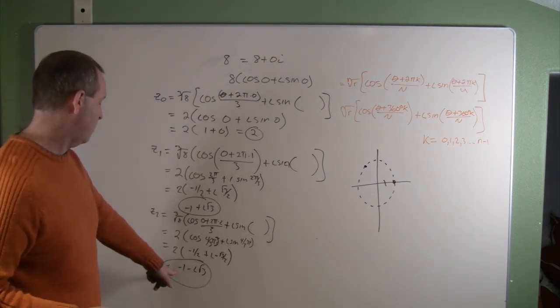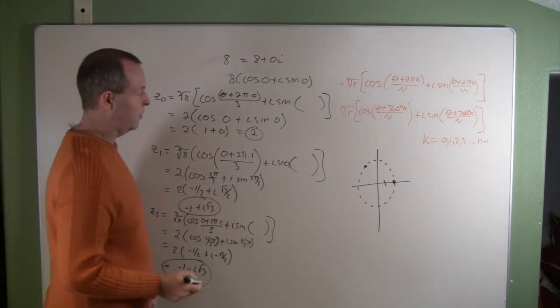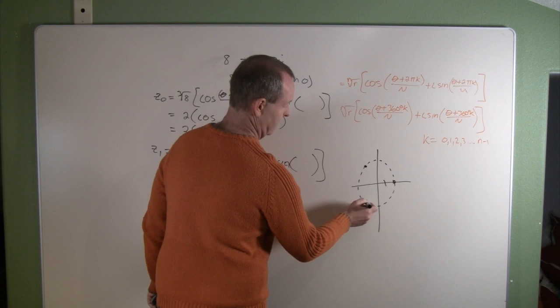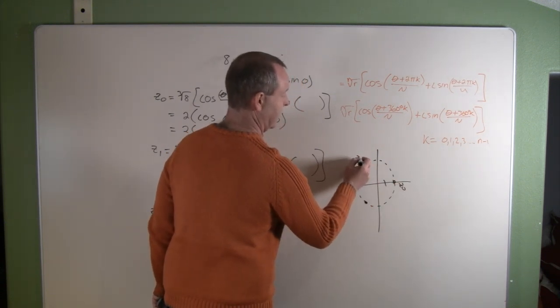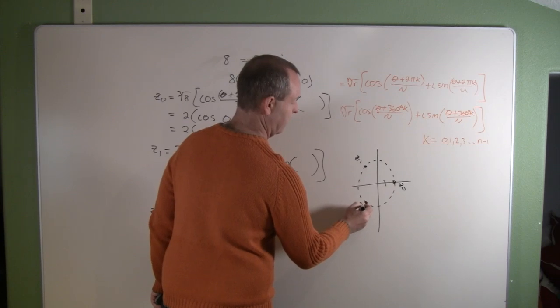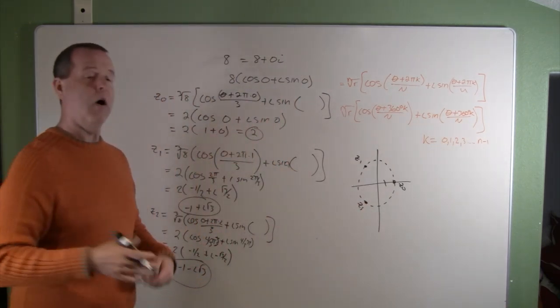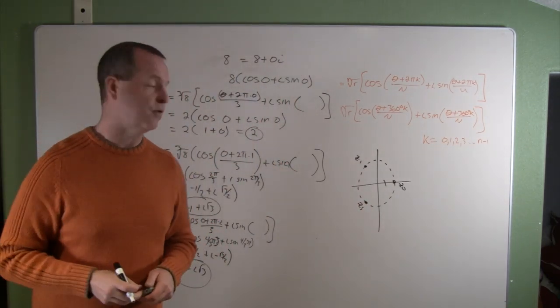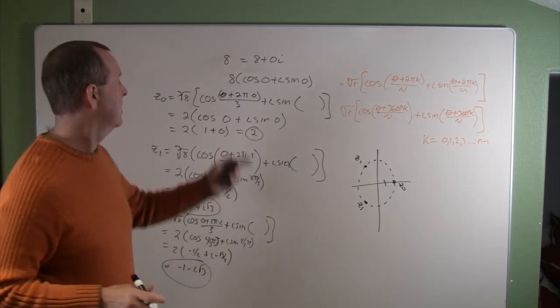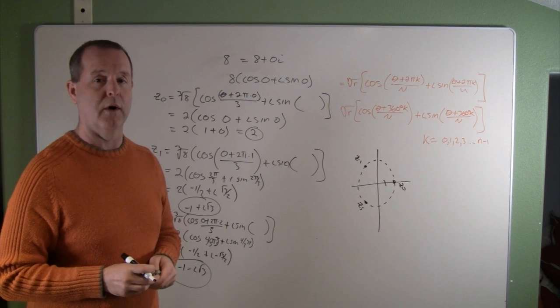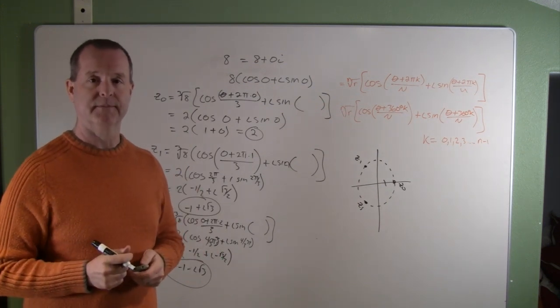And this one is back 1 and down a root 3 distance. So here's z0, here's my second distinct root, and there's my third distinct root. All on the circle, all equal distance from each other, and they're all the distinct cube roots of the number 8 that I'm looking for on the complex plane.